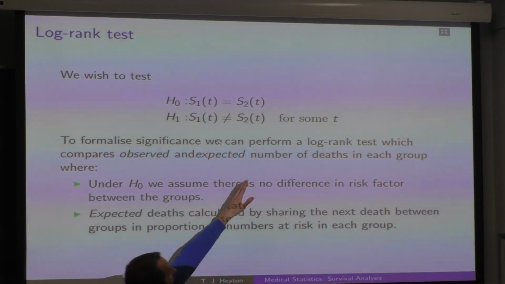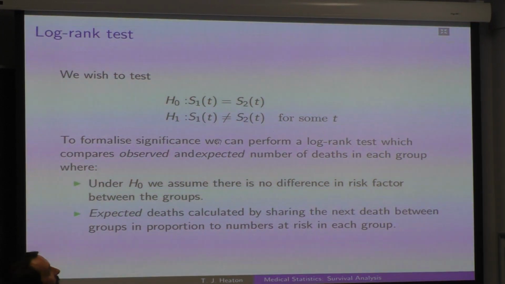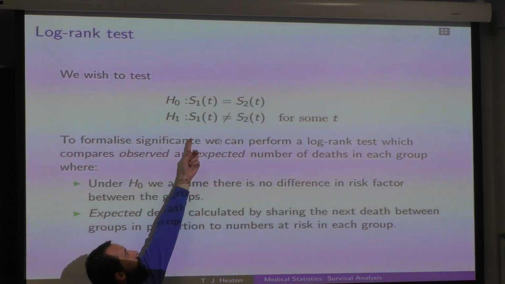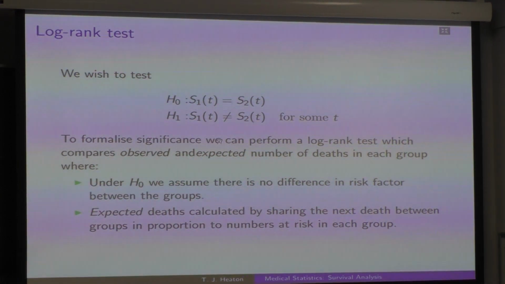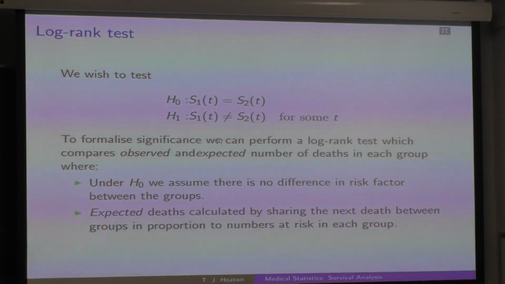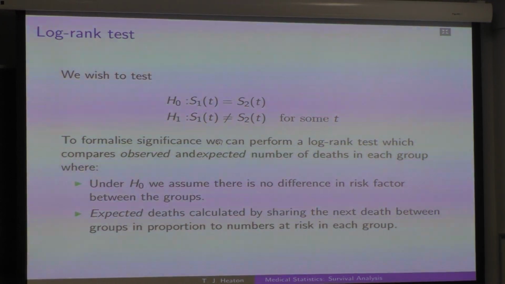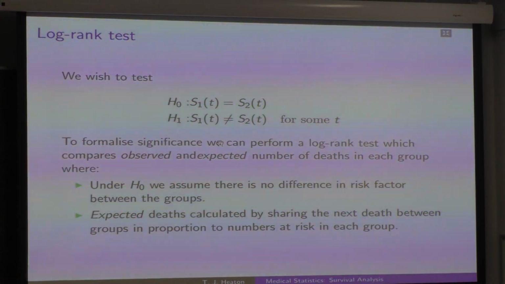I can write that down as: for at least some value t, the survivor function in group 1 at time t is not equal to the survivor function in group 2 at time t. So my null is that they're all modeled by the same random variable, and my alternative is that there's a difference between the two random variables, so a difference between the two survivor functions.